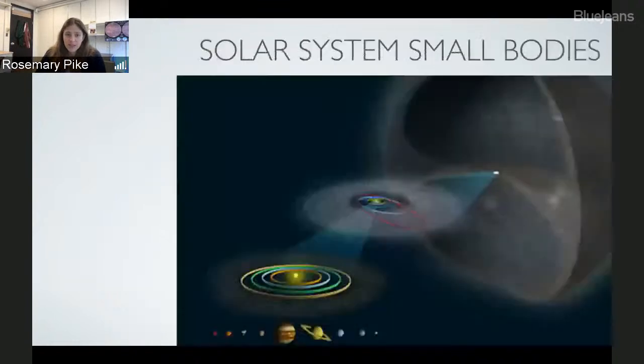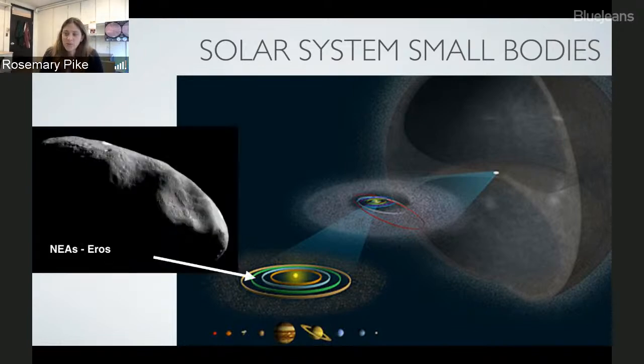I'm going to start in the inner solar system and work my way out with all of these small rocky bodies. Just to make sure we're all on the same page, we start with the near-Earth object population, which can be near-Earth asteroids or near-Earth comets. This is a near-Earth asteroid, Eros, which was visited by a spacecraft. These are objects that have orbits relatively near the Earth, as the name implies, and can even be potentially hazardous, so these could be possible impactors.